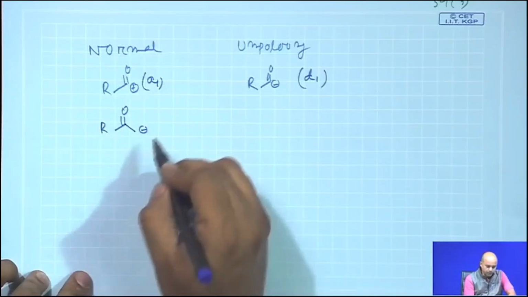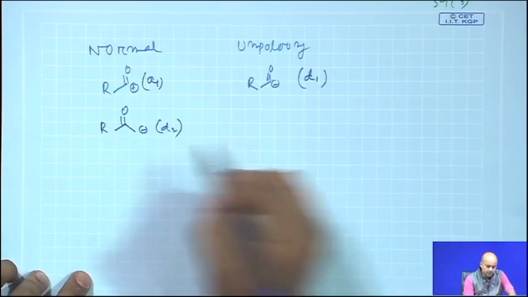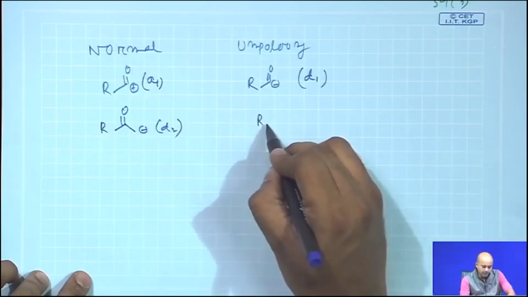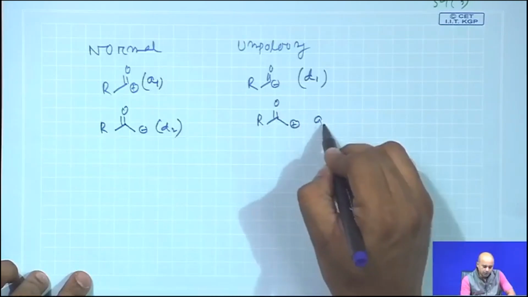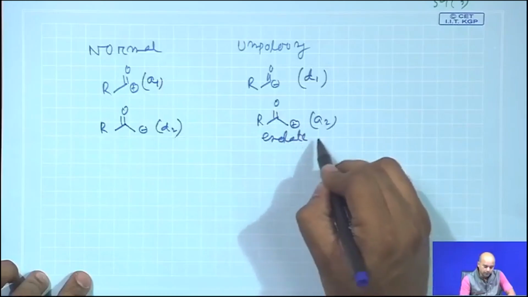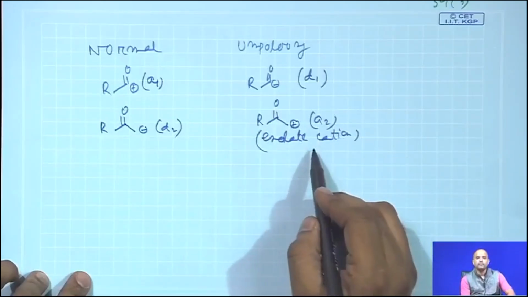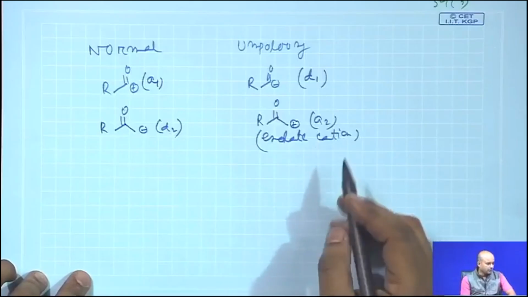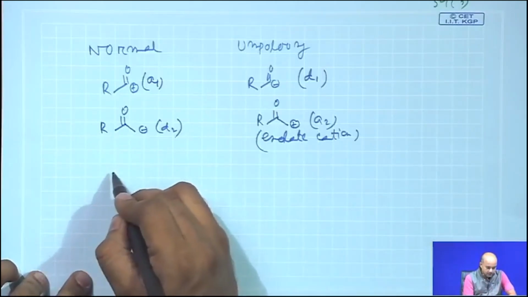Enolate is absolutely well known and normal because the charge can be stabilized, but if you have a synthon like this, which we call an enolate cation, it is absolutely not a stable species. So you say umpolung. There are very few examples, and we are not going to talk about this enolate cation.